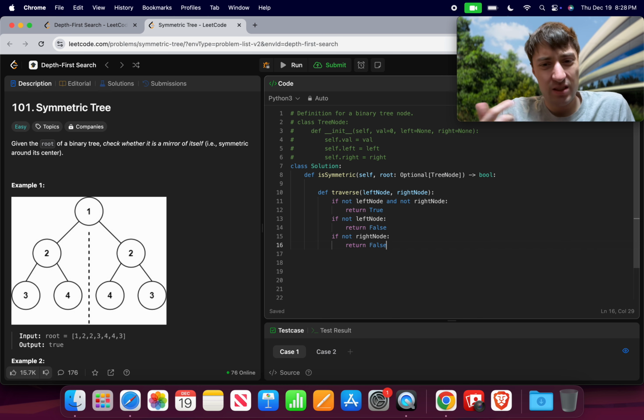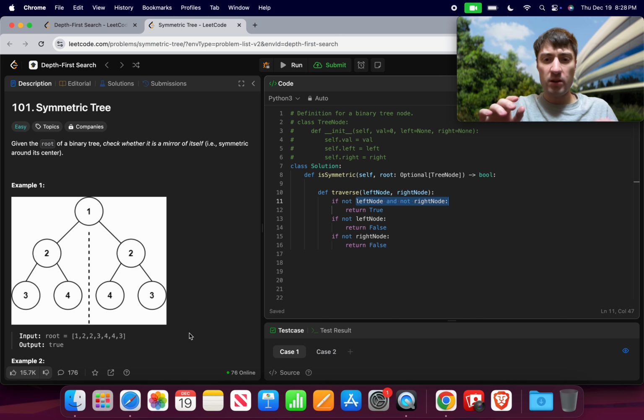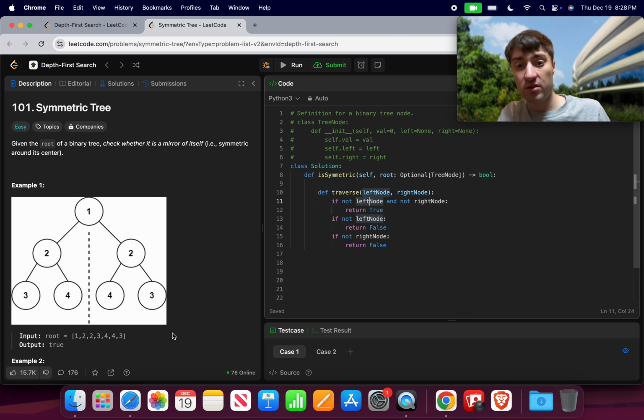Okay, so what I'm thinking about, the base cases are if both left and right don't exist, then that portion of the graph is symmetric. So, for example, if I tried to traverse on this 3 node right here, I try to traverse left, and on this one, I'm going to try to traverse right. Well, it will be left node does not exist, and right node also does not exist. Or actually, let me change this a little bit more.